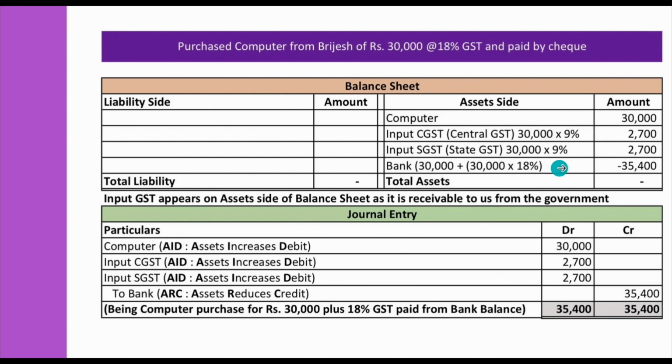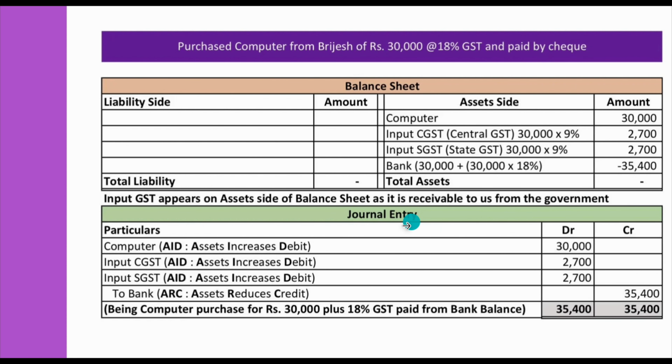Now from the bank balance 35,400 has gone, out of which 30,000 is paid towards the computer and the remaining 2,700 plus 2,700 is receivable to the company from the government. So input GST appears on the asset side of the balance sheet as it is receivable to us from the government.